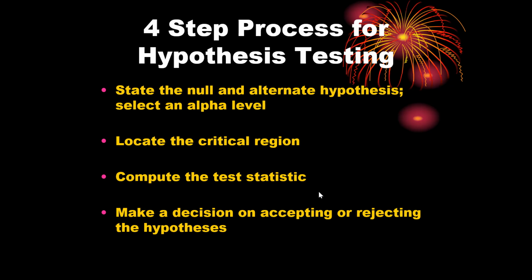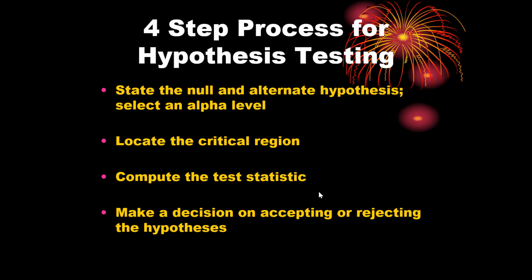Locating the critical region. Critical regions are regions that are typically marked within the tails of a distribution that allow a researcher to determine when statistical significance is occurring. So when they calculate a statistic, if it lands in the shaded area in a critical region, which is the percentage that directly comes from whatever you decide in terms of your alpha level.